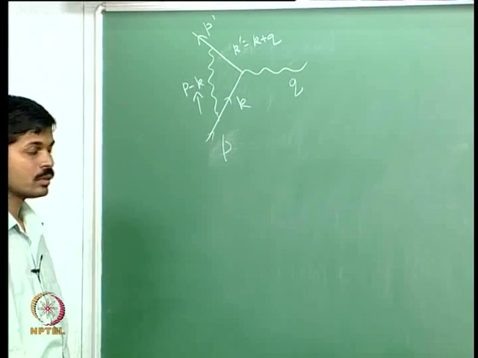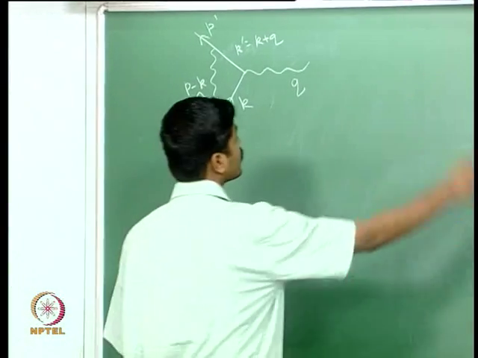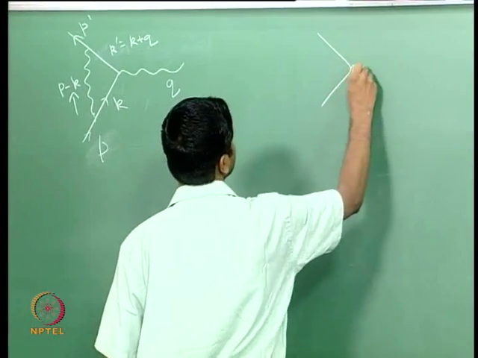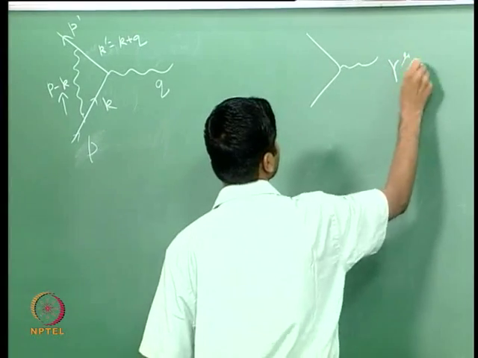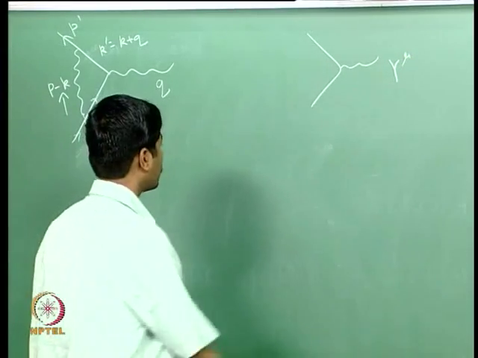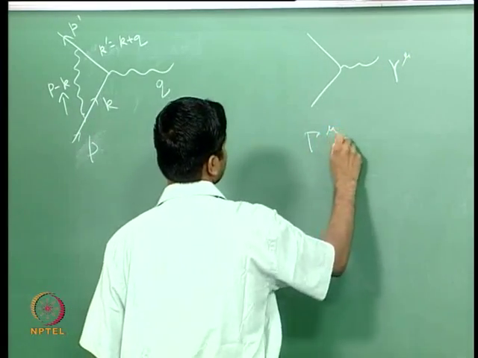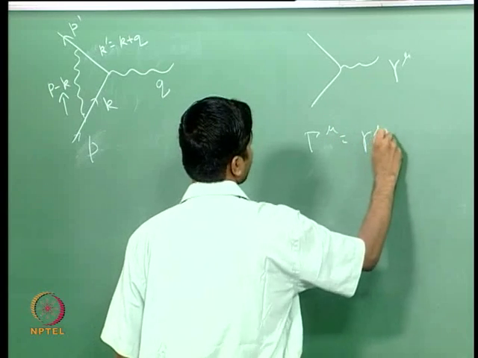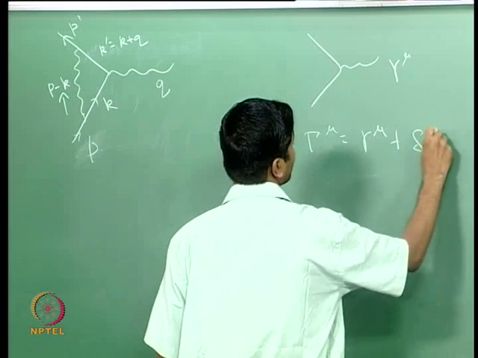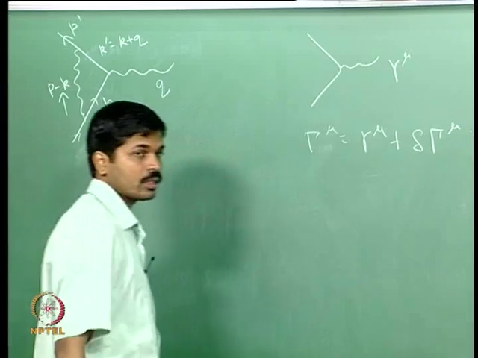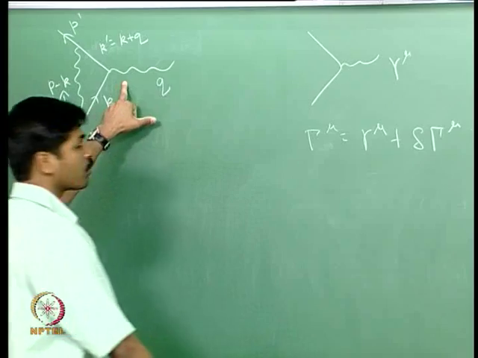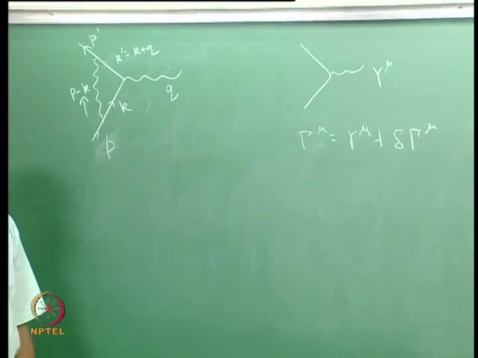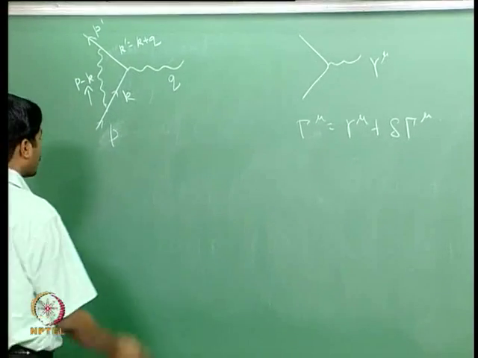Okay. So the leading order term is just this, and the vertex vector for this is gamma mu. The vertex vector I will set as gamma mu plus delta gamma mu at this order. So delta gamma mu I will read from this diagram. What will be delta gamma mu for me?